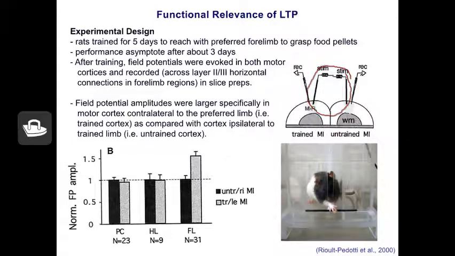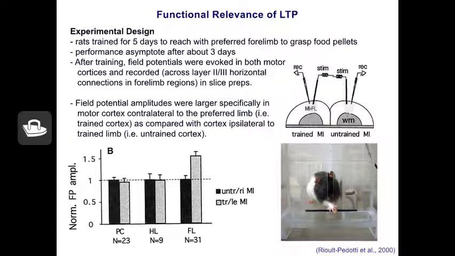The electrodes were positioned over the cortex contralateral to the preferred limb, so this is referred to as trained cortex, and over the cortex ipsilateral to the preferred forelimb, so this is designated as untrained cortex. Now they also implanted electrodes over motor cortex representing hind limb function for the contralateral and ipsilateral hind limb. And in addition, they had some paired control sections from animals that did not undergo training.